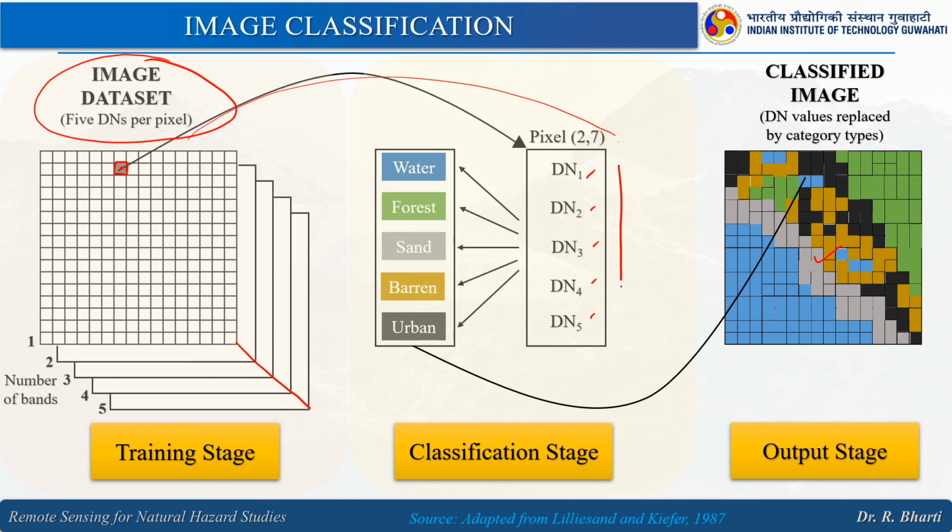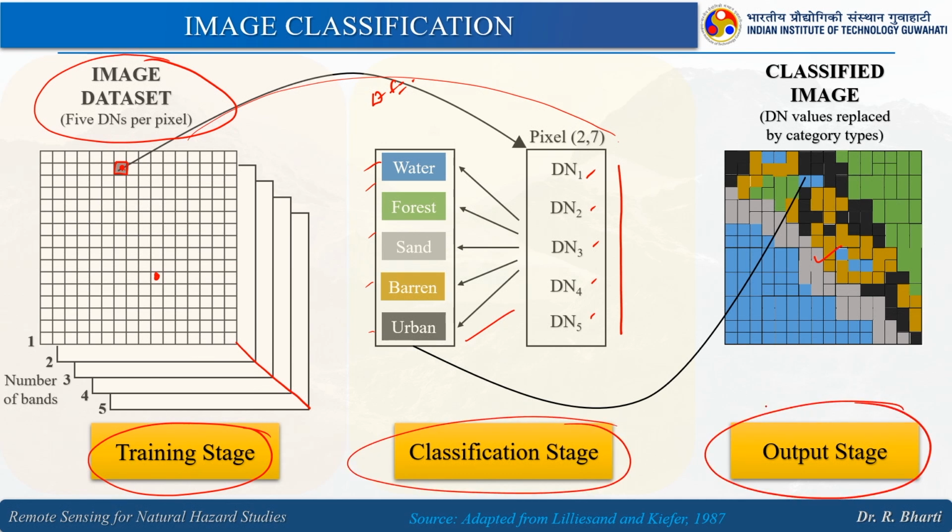So, these 5 values are extracted, and this location was identified based on the field information, whether it is forest, water, or maybe urban area. All these classes will have different sets of values from this pixel and from the ground information, right. So, this is training, then here we will do the mapping. This is classification, this is output, and then we will go for the accuracy estimation.